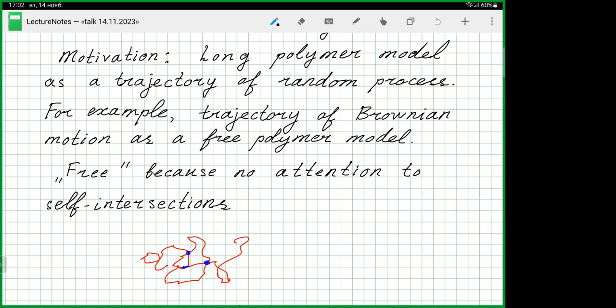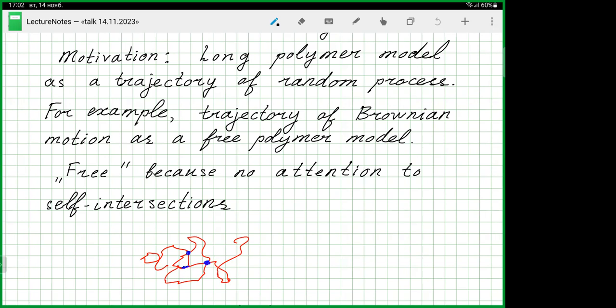Why do people study Gaussian models? Because in a long polymer there is such a notion of correlation between different pieces of the molecule, which reflects the ability to make turns physically independently one from another.